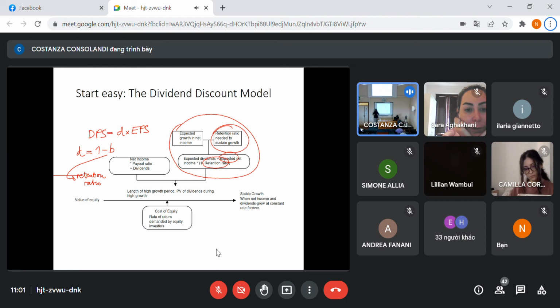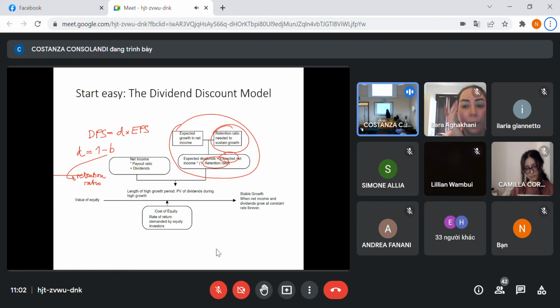Now, in order to sustain growth, the first source of growth is internal finance. That's why we work with the retention ratio and not with dividends. Of course, indirectly we work with the payout, but the approach is to work on the retention ratio, which is the portion of income I need to retain to sustain growth.